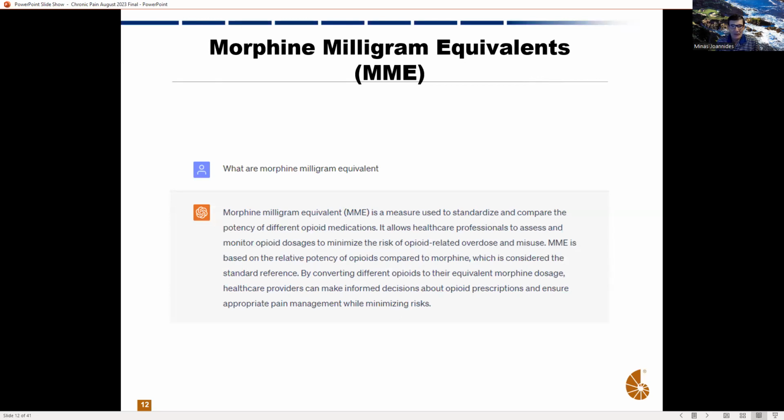And for physicians like myself that have DEA licenses in order to prescribe opioid medications, you have to apply for a license with the DEA and pay your dues in order to maintain your license.